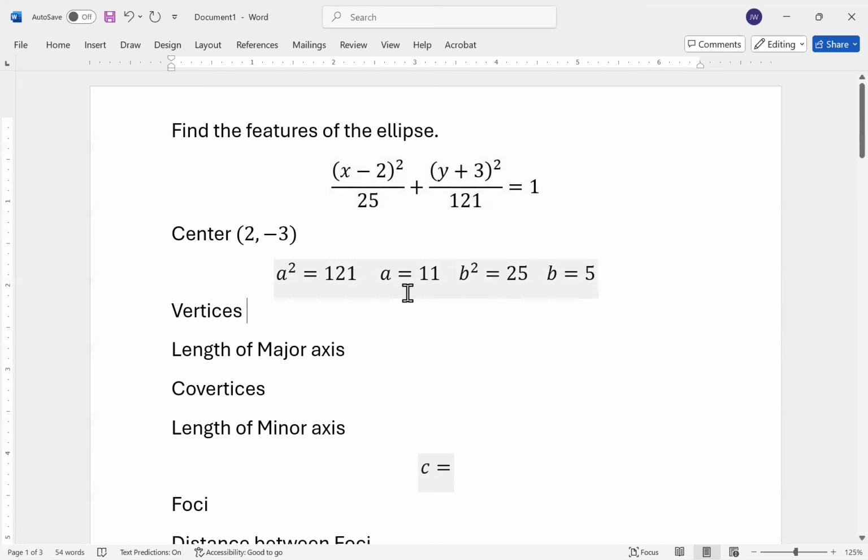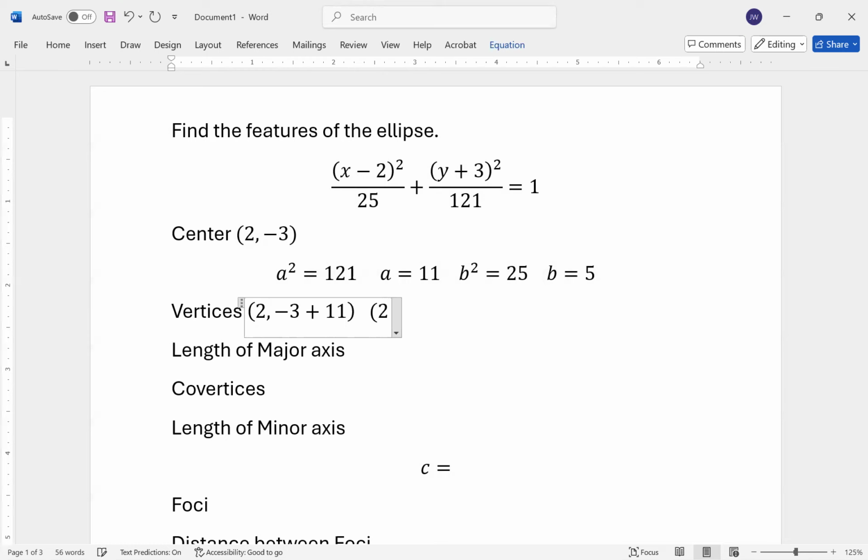So this means that the vertices are going to be 11 units away from the center in the y direction. So the two vertices are going to be 2 comma, then we're going to have negative 3 plus 11. So we're going to move 11 units up to hit one vertex.